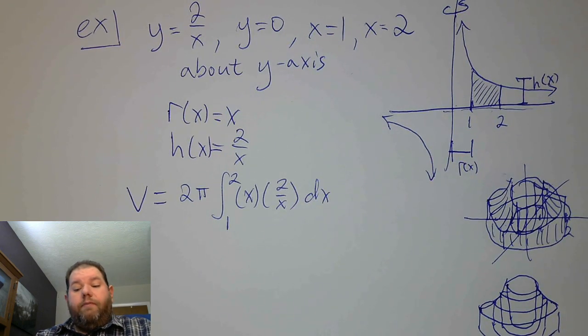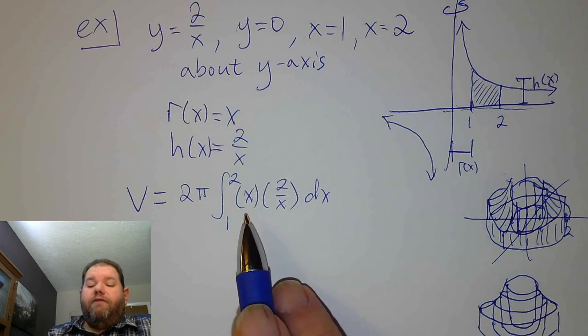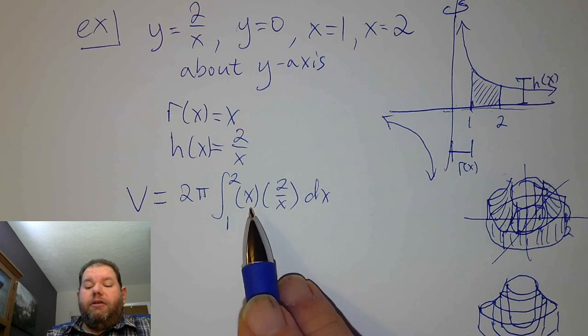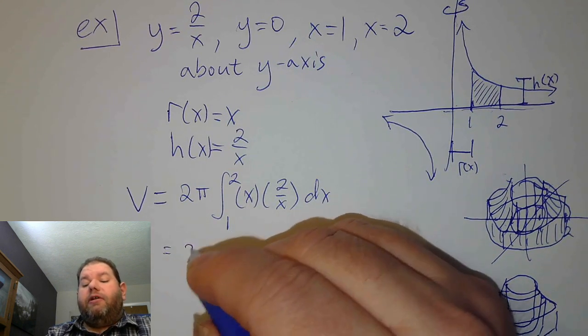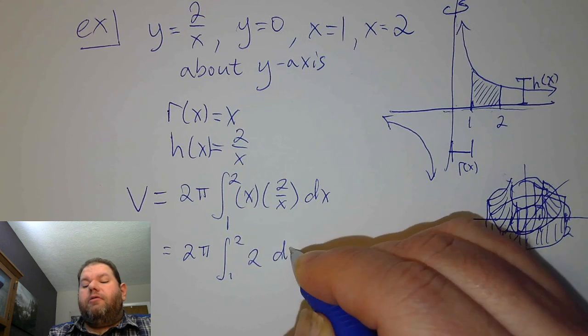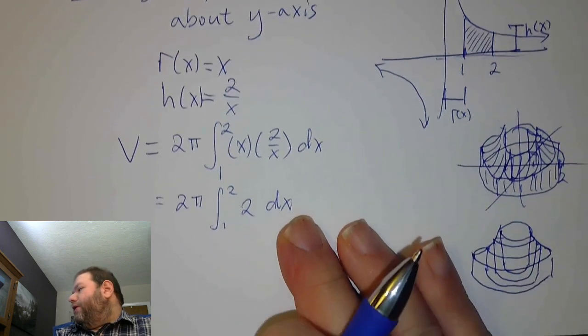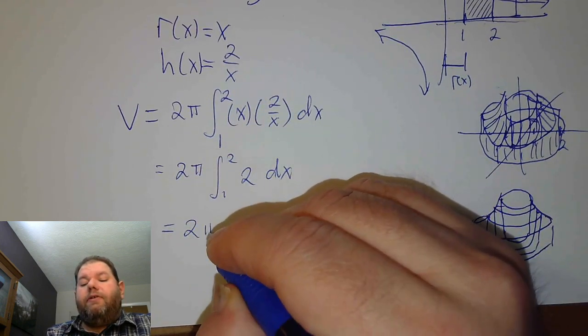So that's our integral that we'll use to calculate this volume, and I think this is basically where we left off last time. So x times 2 over x, very conveniently, works out to be just 2. The x's cancel out. We can go ahead and integrate 2. We know the integral of 2 is 2 times x.